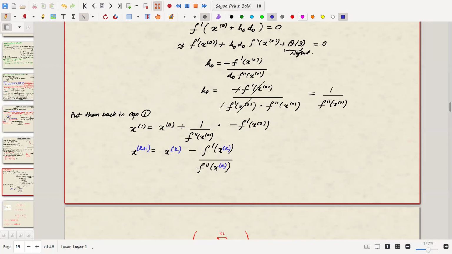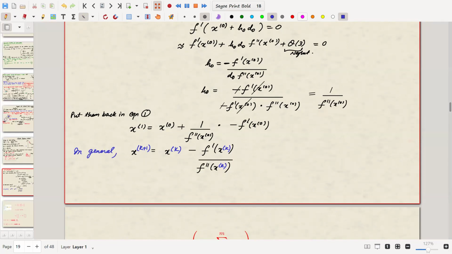If you go to the next step, x2 you calculate similarly, and x3 will again depend on x2. In general, you can write it like this. Does it remind you of something from the previous semester?